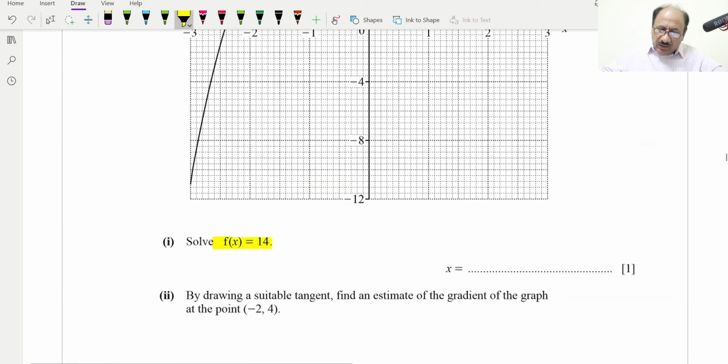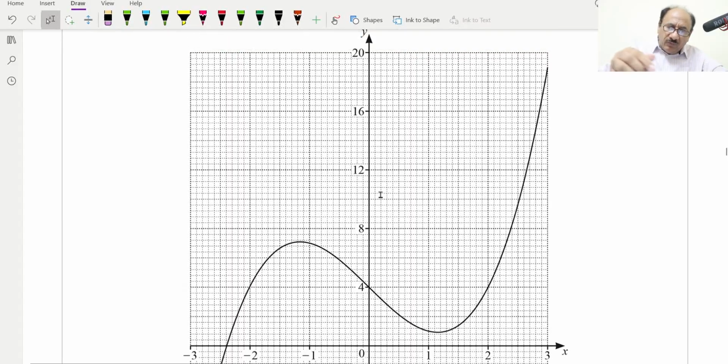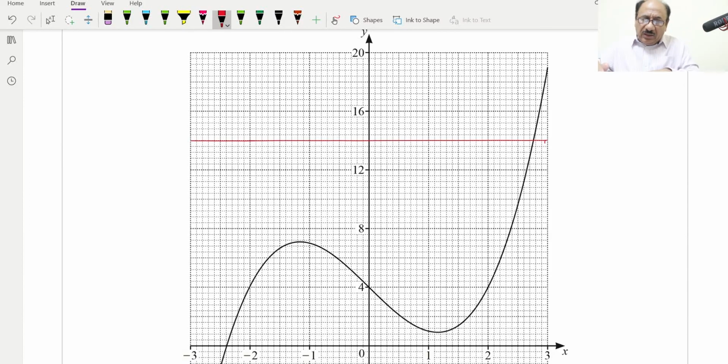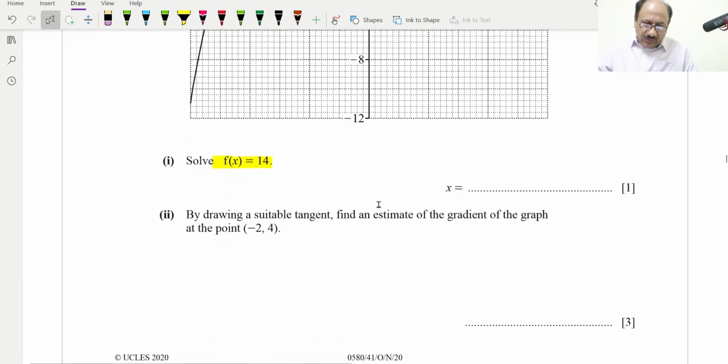Solve f of x equals 14. So to solve this we have to draw the line f of x equals 14, and we can draw this line like this. Then, by drawing a suitable tangent, we solve the next part.